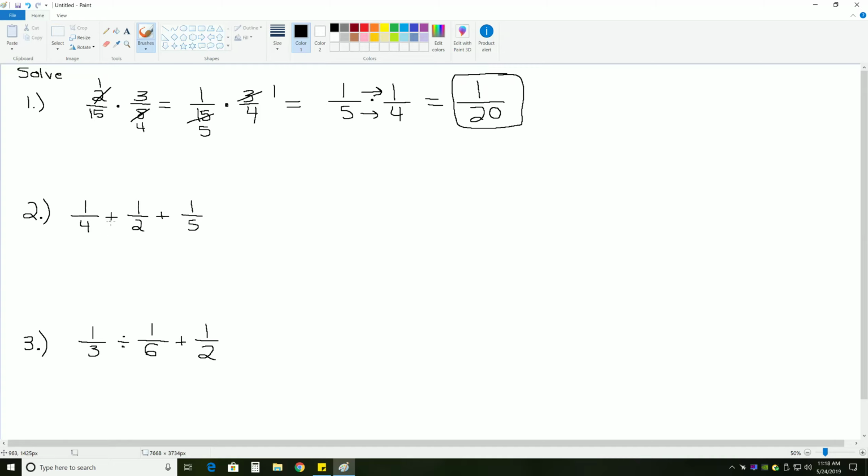So, because we're adding all three of these terms together, we want to find a least common denominator between all three terms. Meaning we want to find the smallest number that 4, 2, and 5 each divide into.